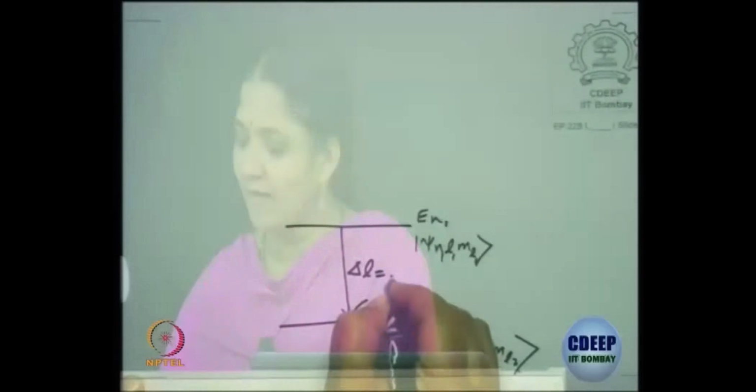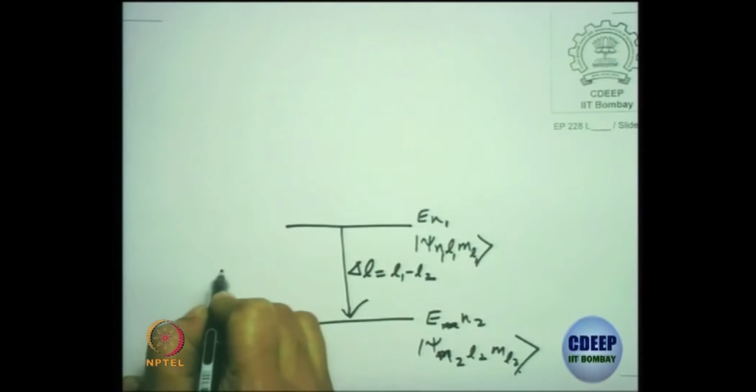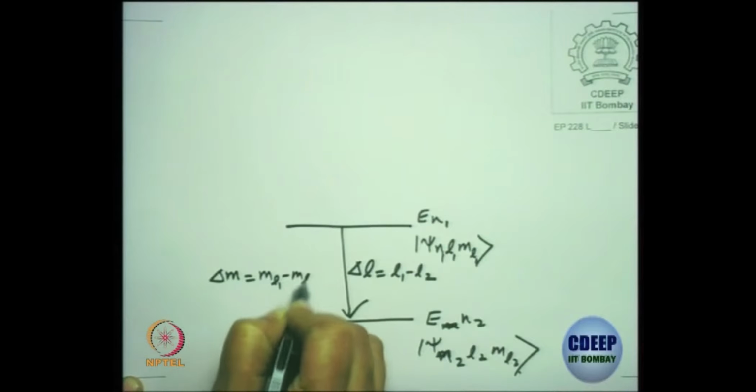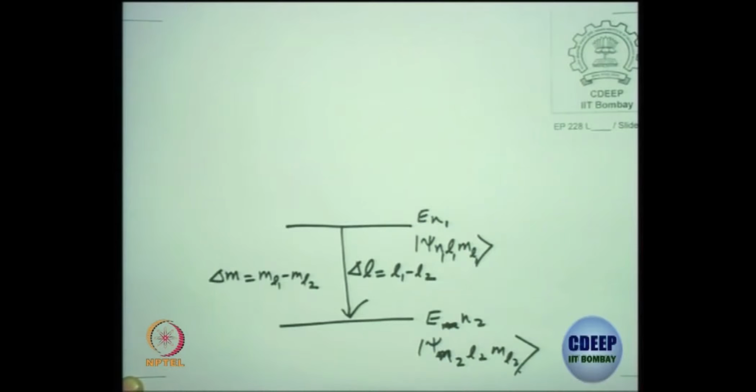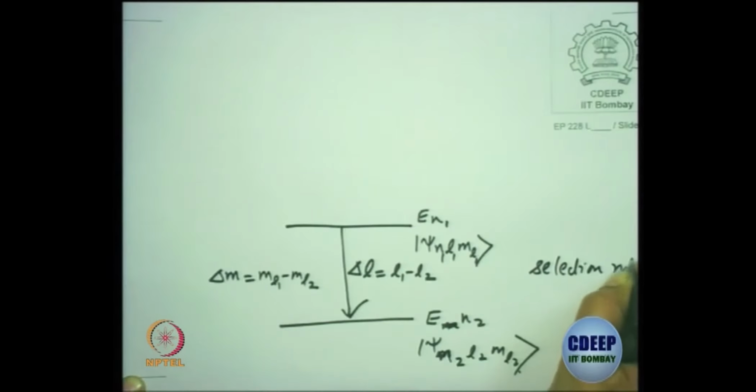So when is it possible? Delta L, which is L1 minus L2, what condition on it will allow it? Similarly, delta M, which is ML1 minus ML2, under what conditions will the transition happen? This is what is called a selection rule.